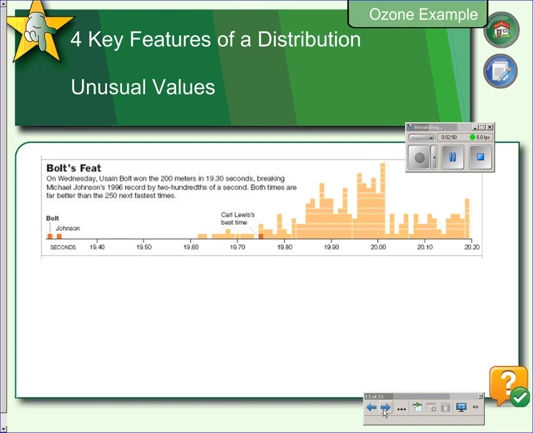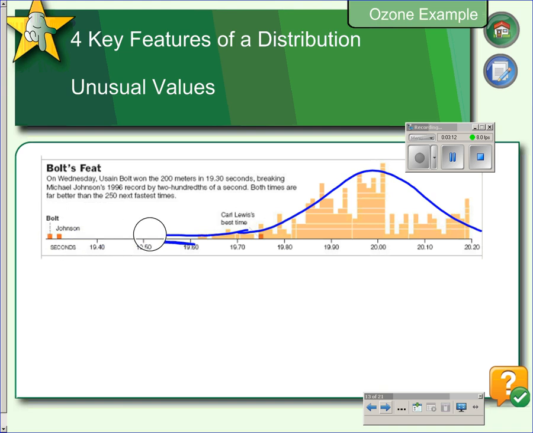If you were to describe this display, you would say that this is generally symmetric, maybe skewed left, but definitely outliers right here. A huge gap with some outliers. Whenever you see outliers, you always need to investigate and find out why they're there.